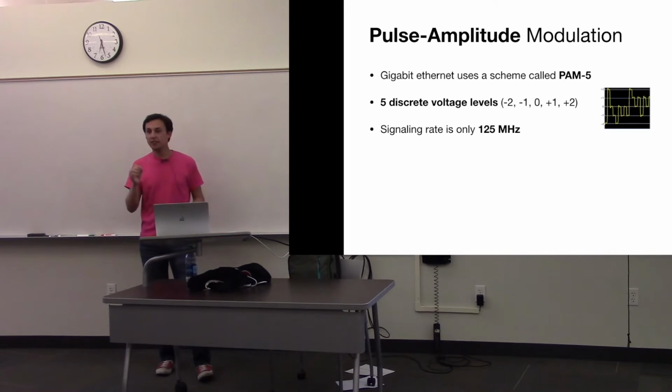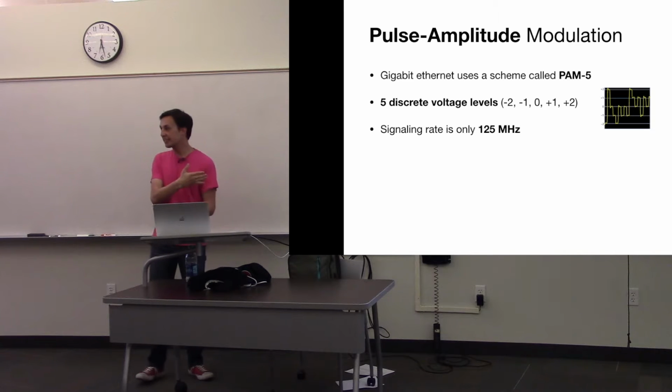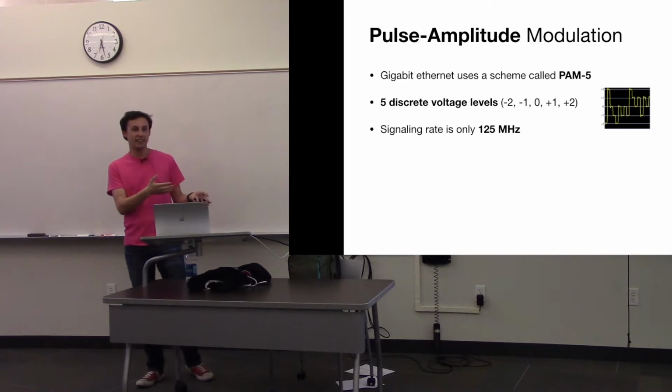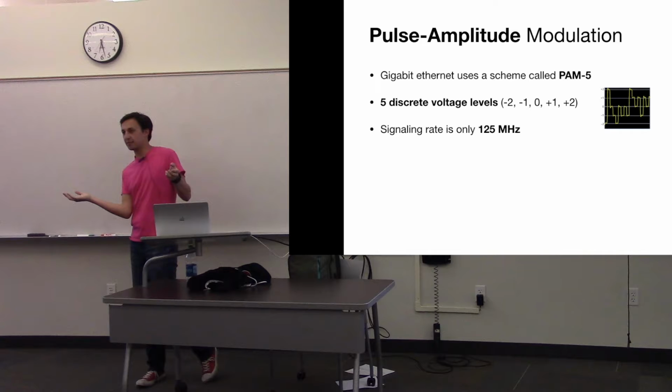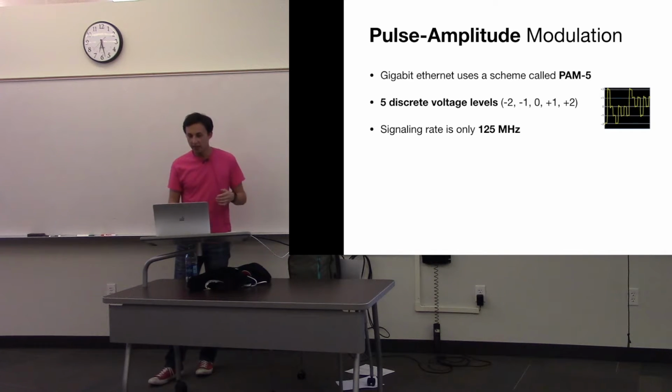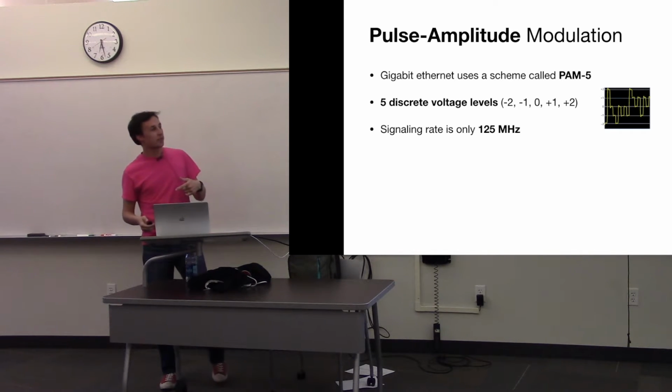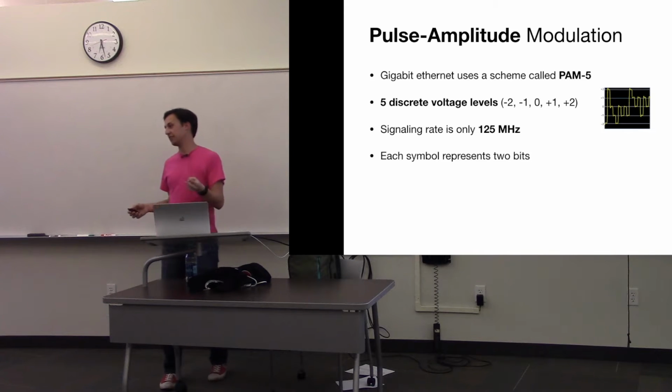The signaling rate, meaning the rate at which you change voltage levels, is only 125 megahertz. And this is in gigabit Ethernet. So how do we actually get a billion bits per second along this wire? Well, we remember each of these symbols encodes 2 bits of information.